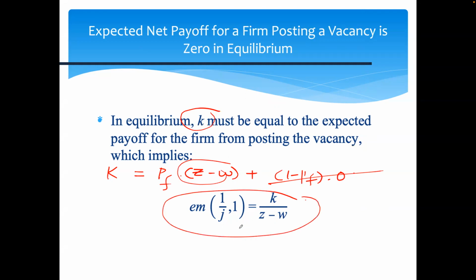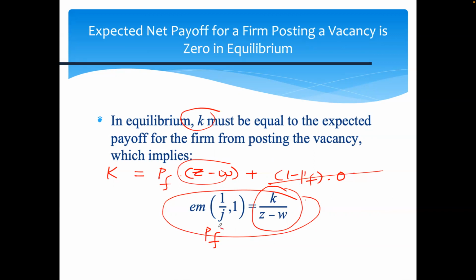With this equation, so essentially, this just says that PF, the chance to match with a potential worker, is going to equal those things. Or in other words, those things are going to determine the chance of match with a potential worker.